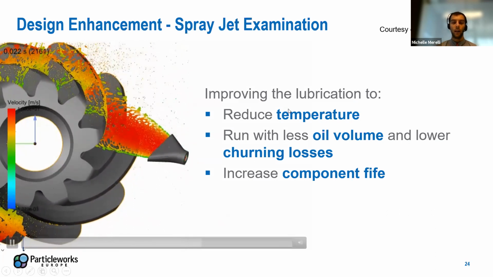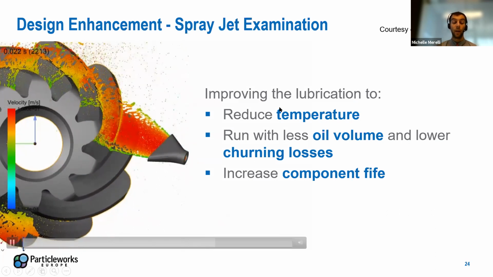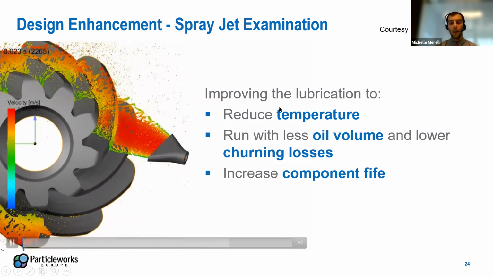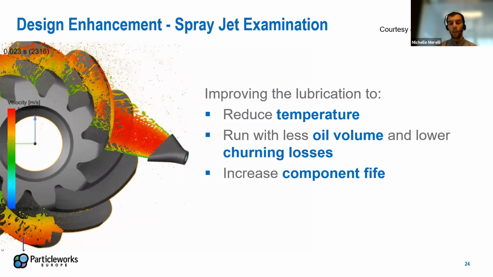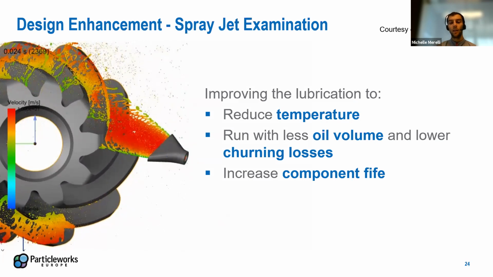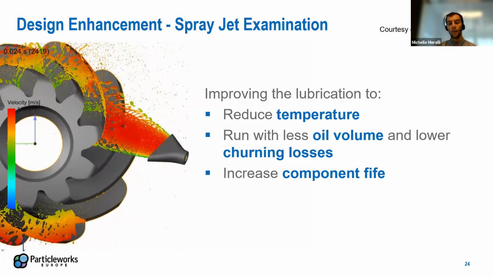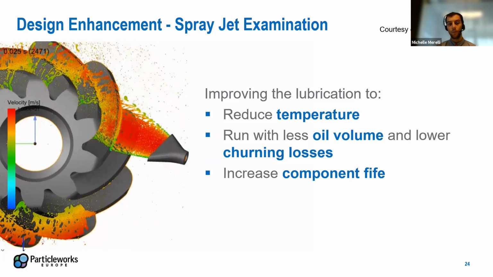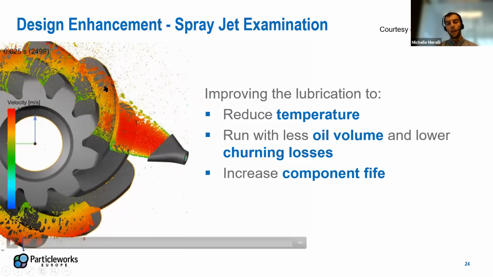We can, in this way, reduce the temperature of the gear, and also run, in general, with a lower oil amount so that we reduce the churning losses. In the analysis of direct lubrication, we can also map and understand what the covered area is, and we can vary the jet properties accordingly.